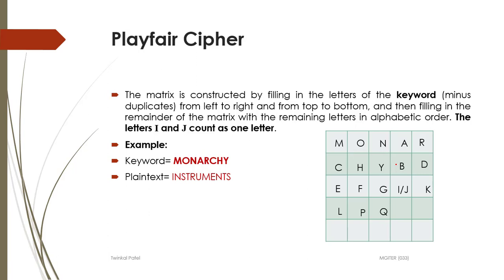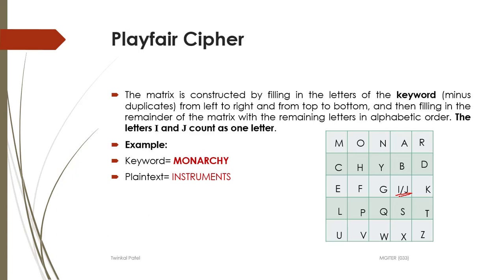So P, Q, R is already there, so we fill with S. After that T, U, V, W, X, Y is already there. So the last letter is Z. This is a 5 by 5 matrix and a total of 25 letters are there, because here we have considered I and J as one letter.